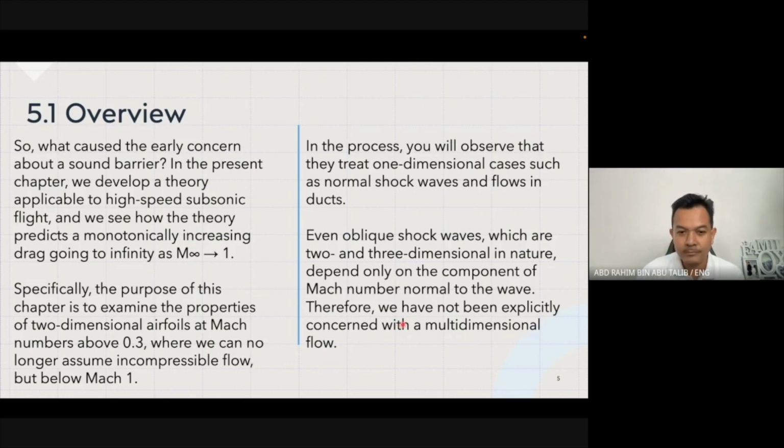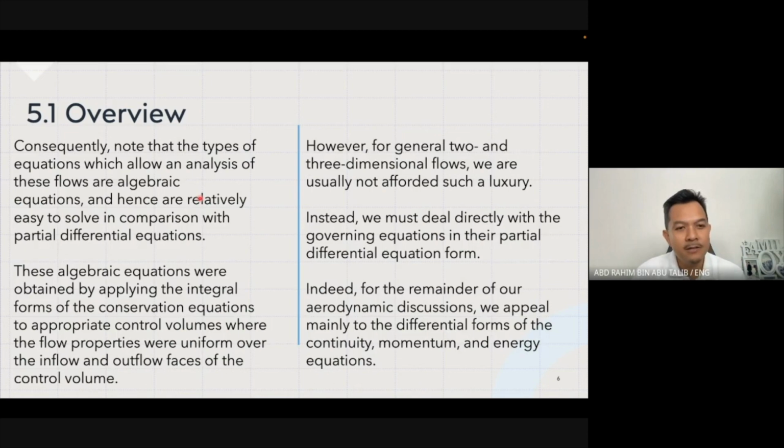Consequently, note that the types of equations which allow an analysis of these flows are algebraic equations. From time to time, we will see many relevant equations that are used to solve these problems, and they are relatively easy to solve in comparison with partial differential equations.